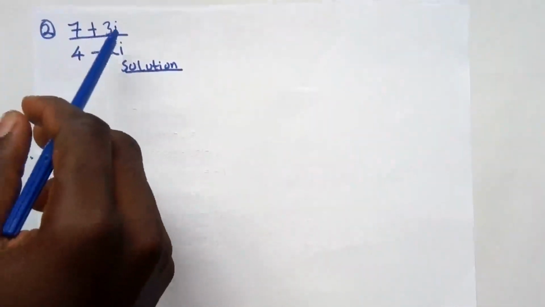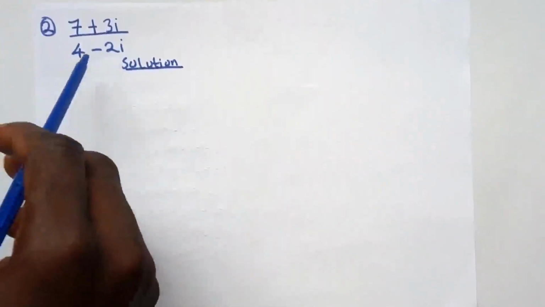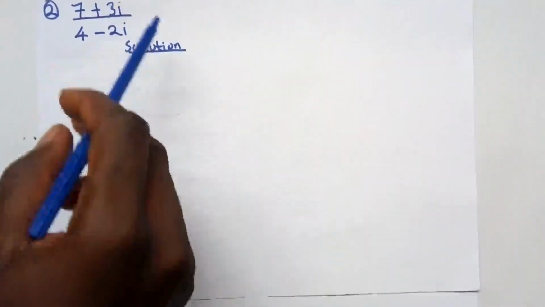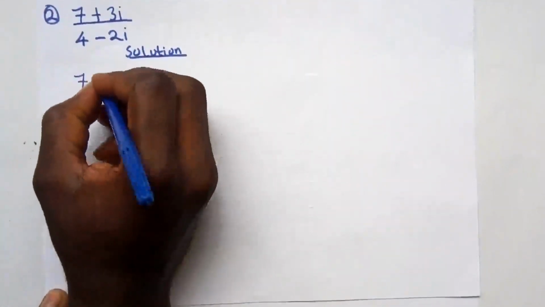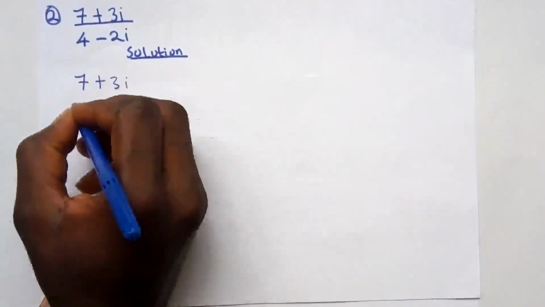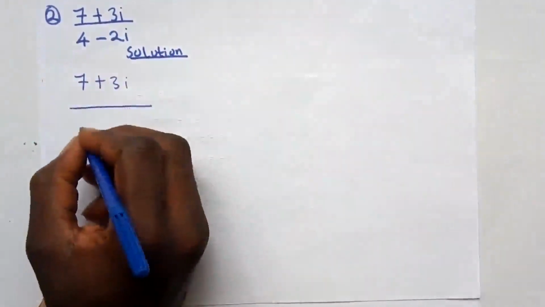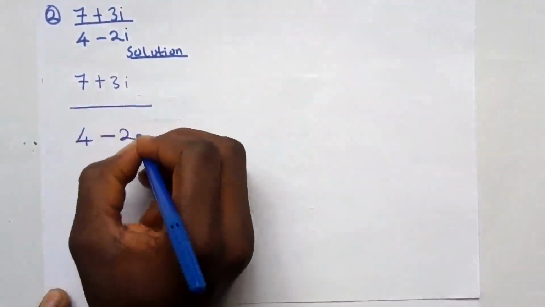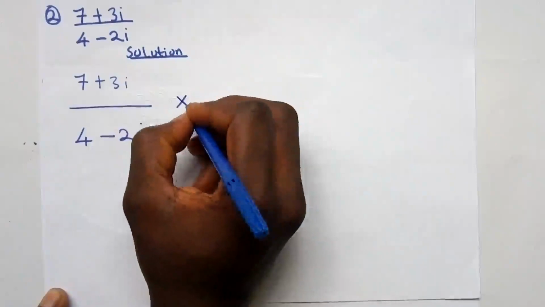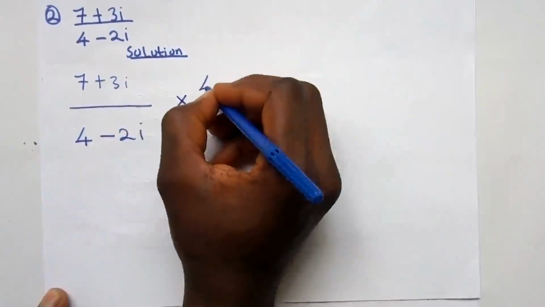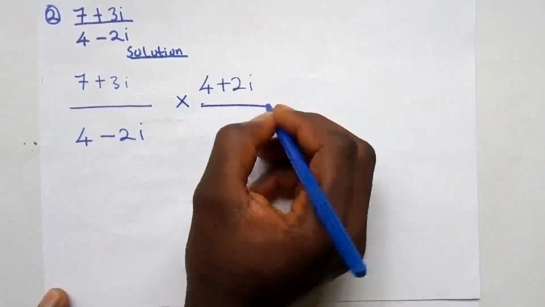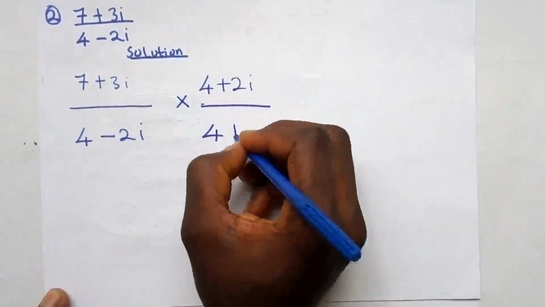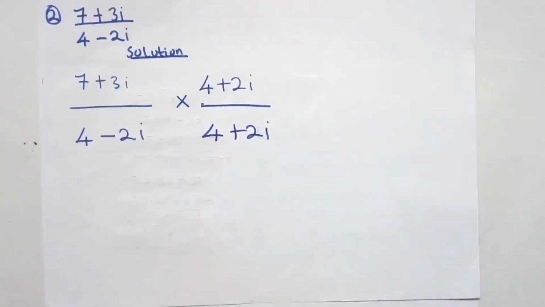7 plus 3i all over 4 minus 2i. We can solve this by rationalizing the denominator. So 7 plus 3i all over 4 minus 2i multiplied by 4 plus 2i all over 4 plus 2i.